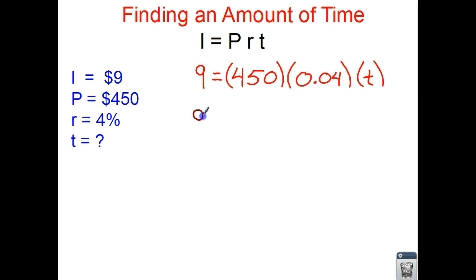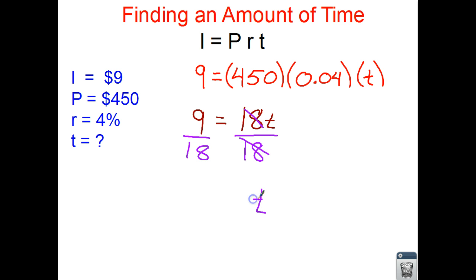Okay, so 9 is equal to 18 multiplied by t. And again, if we have to get rid of this 18 that's attached to the variable, we do the opposite of that operation. So this is multiplying. The opposite is dividing. We're trying to get rid of the 18, do it on both sides. So these cancel.